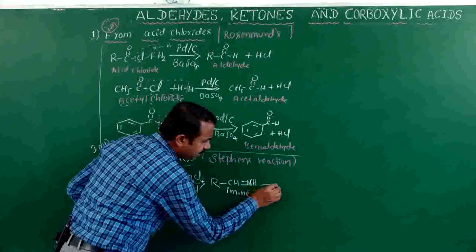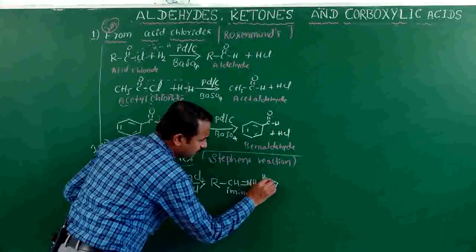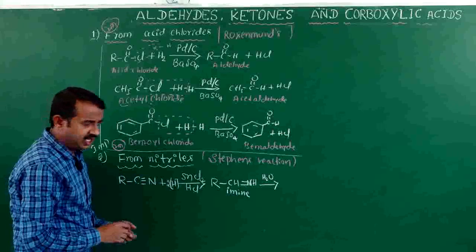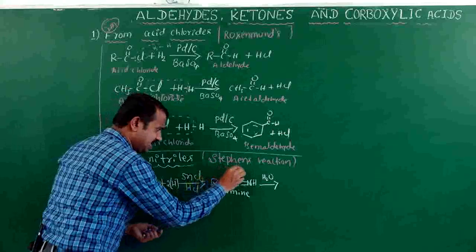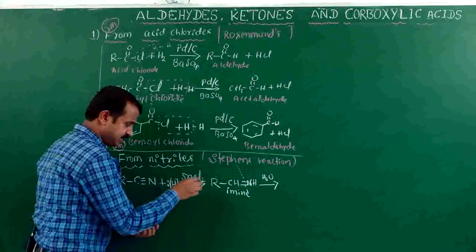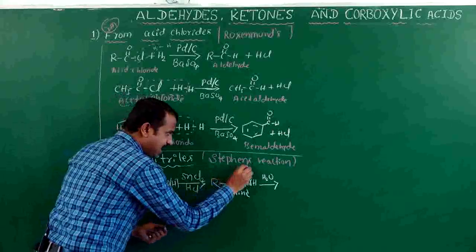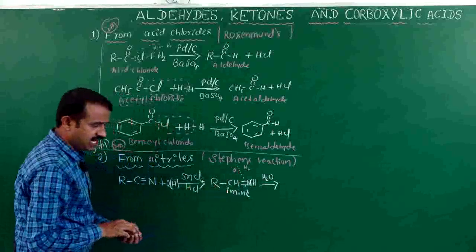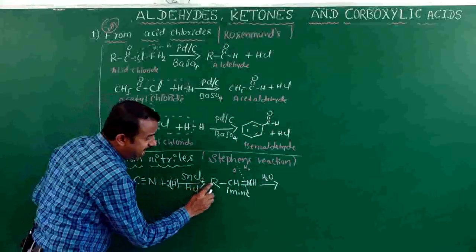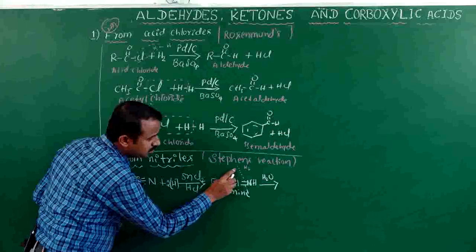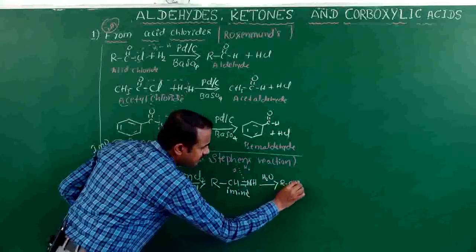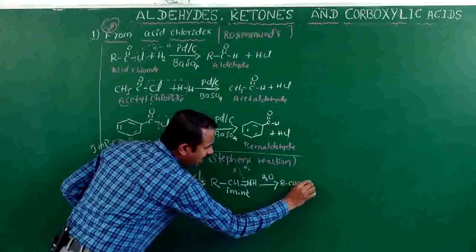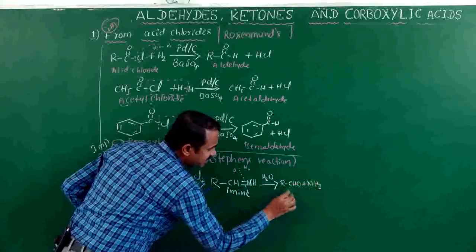The imine undergoes hydrolysis with H2O to give RCHO plus NH3.